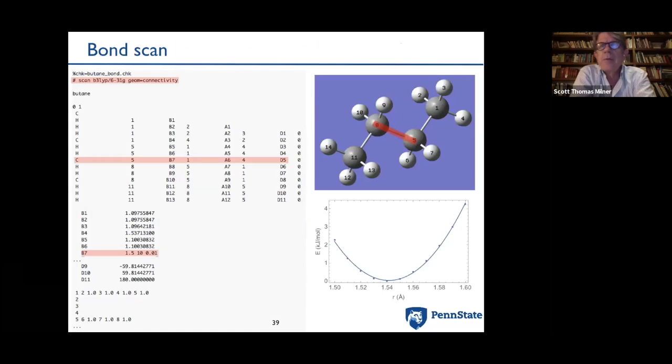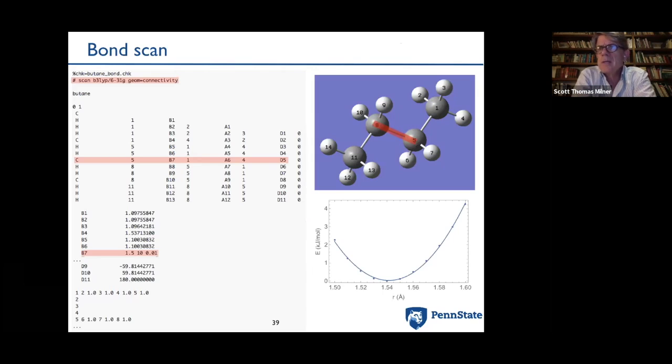Well, here's sort of a picture of what you might like to do. There's butane, and there's a central carbon-carbon bond, the thing marked with red. It's got, as I said, a harmonic spring with a length that's quite well determined and a pretty stiff spring constant.